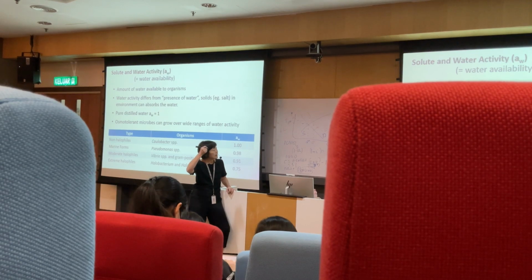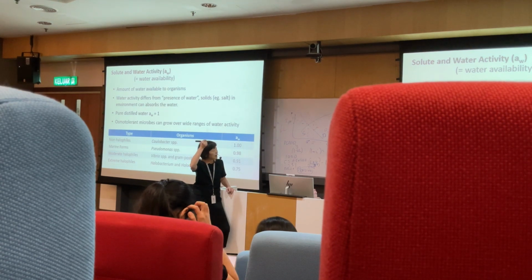This is the best. Moderate aerophile can actually reduce the water availability; they require 0.91. And extreme aerophile can tolerate an environment with more solute present, where the water availability is 0.75. So it's actually reducing the water availability, and they are still living happily in this environment.